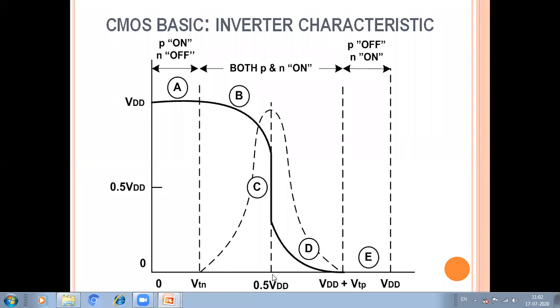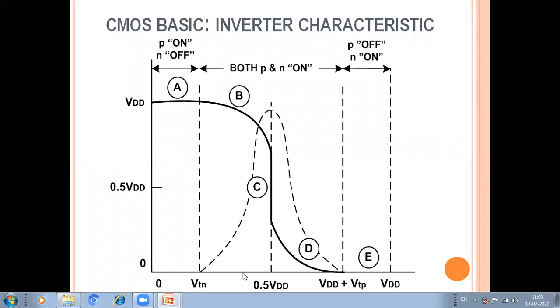Now, this is the input voltage on the x-axis, up to VDD, and this is the output voltage. This is half of VDD, that is 0.5 VDD, and again half on the other axis, 0.5 VDD, and this is VDD. According to the ideal working of the CMOS inverter, suppose I apply the input signal on the x-axis, initially the input is 0.